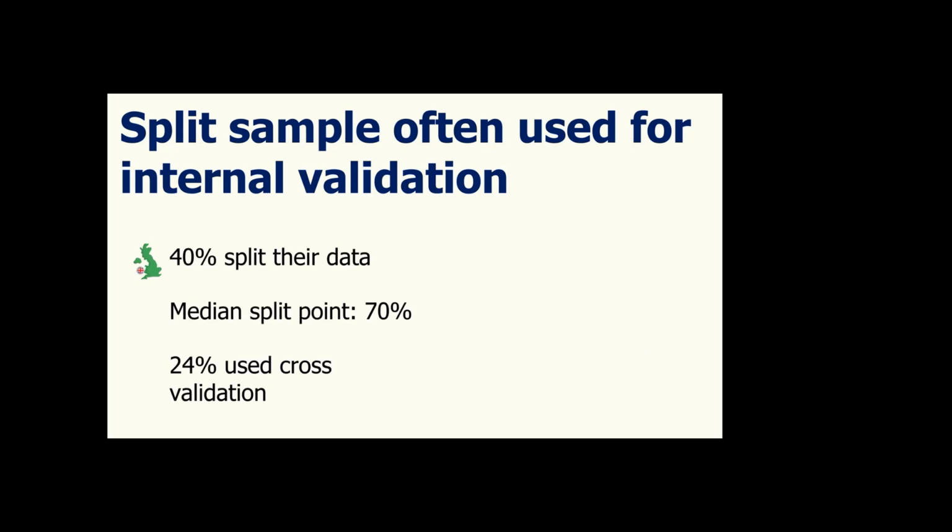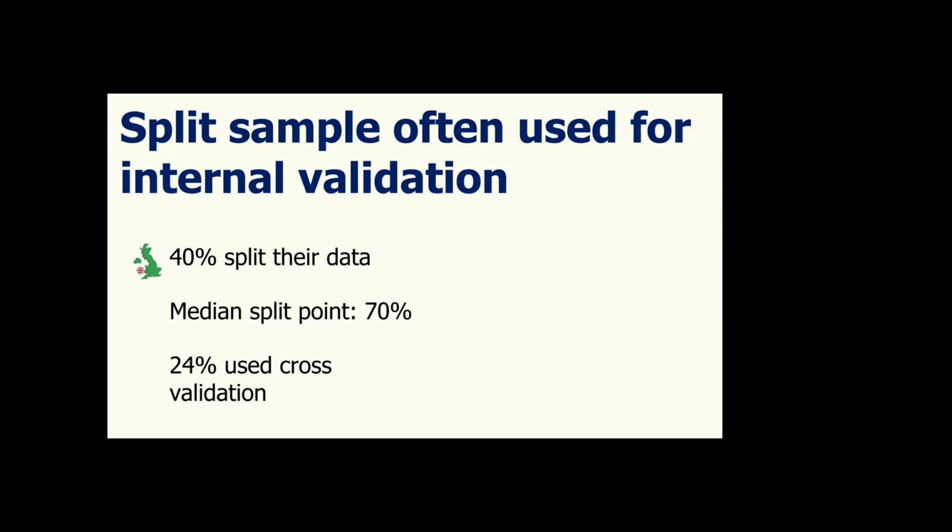Then there's the issue around split samples. Not only are they not really using enough of their sample size, they will then often split their sample for internal validation. So cutting their data, and what we found with the Oxford review was that 40% split their data. Often this was a random split, with a median split point of about 70% to develop their model and 30% to internally validate it.